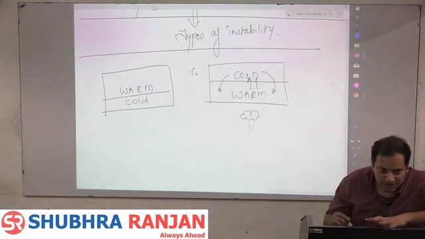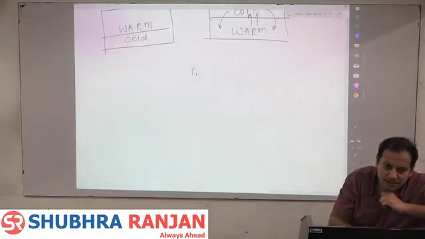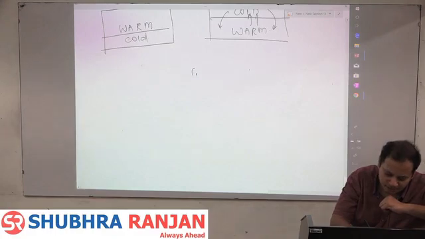What causes stability? Stability always depends upon the relationship between the normal lapse rate, or atmospheric lapse rate, dry adiabatic lapse rate and moist adiabatic lapse rate.